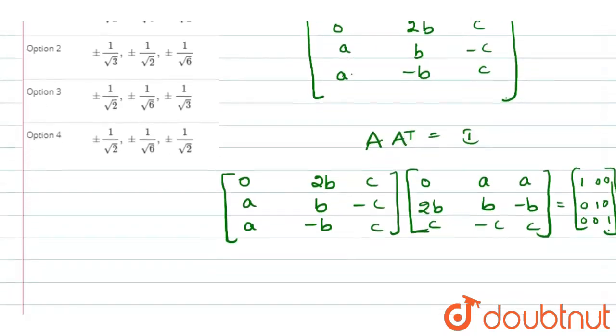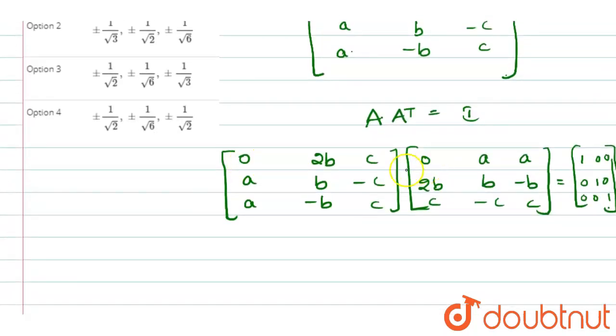The next step is to multiply these two matrices. Here 0 into 0 gives 0, 2b into 2b gives 4b square, and c into c gives plus c square. Then 0 into a gives 0, 2b into b gives 2b square, and c into minus c gives minus c square.